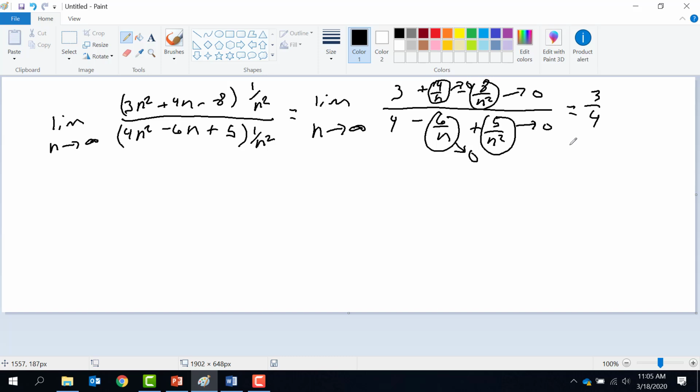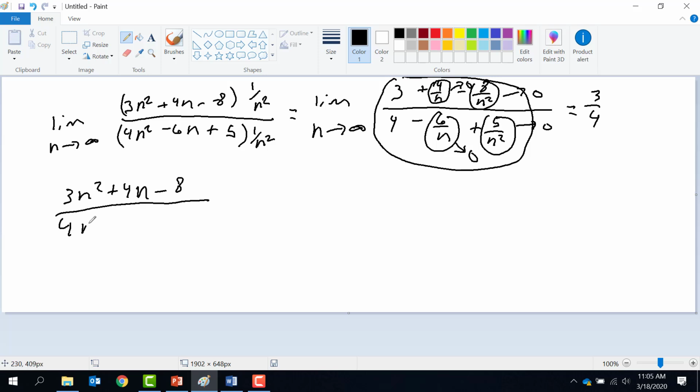But notice that when you rewrite the expression in this form, what you are saying is that for very large values of n, your expression 3n squared plus 4n minus 8, all divided by 4n squared minus 6n plus 5, is approximately the same thing as the 3n squared over the 4n squared. And that is exactly equal to 3/4 because the n squareds will go away.